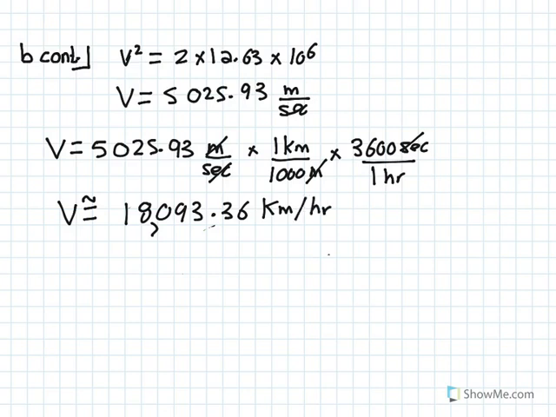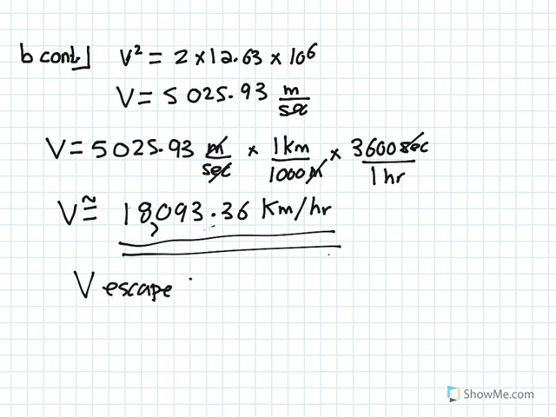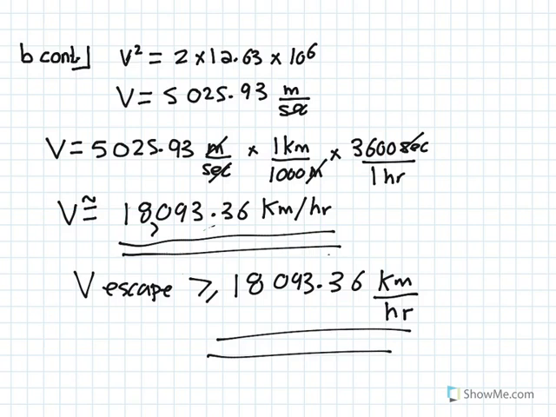So the escape velocity has to be, of course, higher than this because there are frictional losses as well. So the escape velocity must be at least as large as this amount to escape the pull of Mars. 18,093.36 kilometers per hour. That's the escape velocity on Mars. All right, thank you.